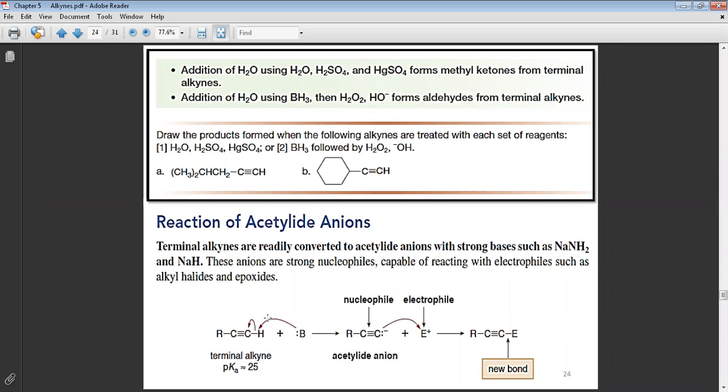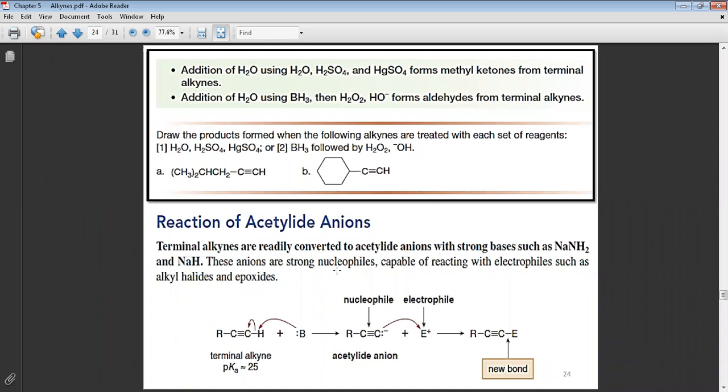Such as NaNH2. NaNH2 is a strong base, also NaH is a strong base. H minus, the hydride, is a very strong base. Now, this anion is a strong nucleophile.